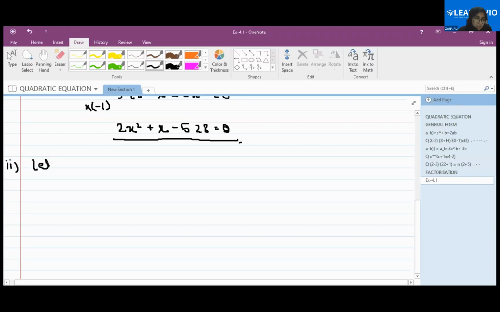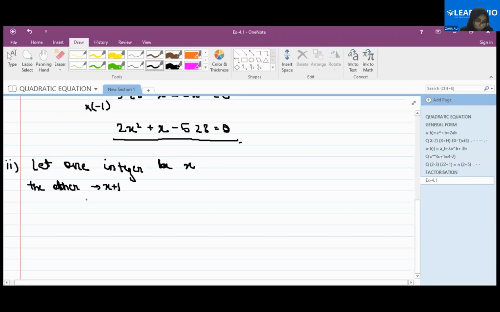If I say one integer is x, what is going to be the other integer? The other will be x plus 1.